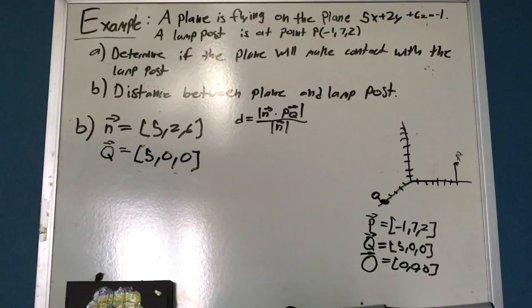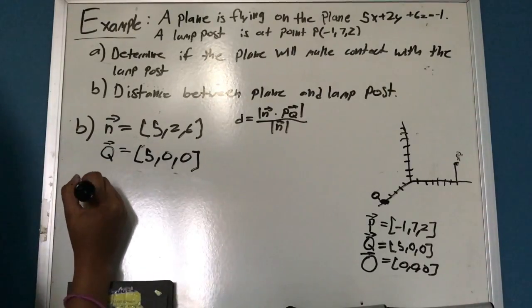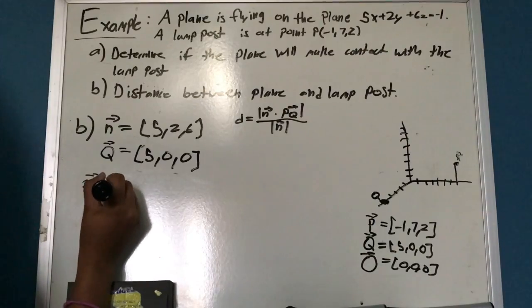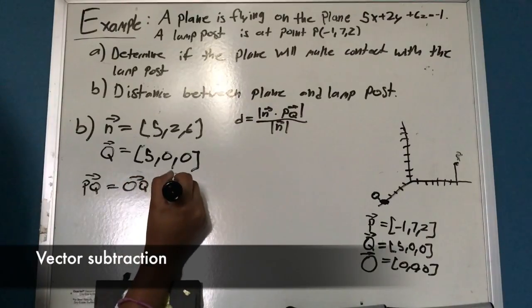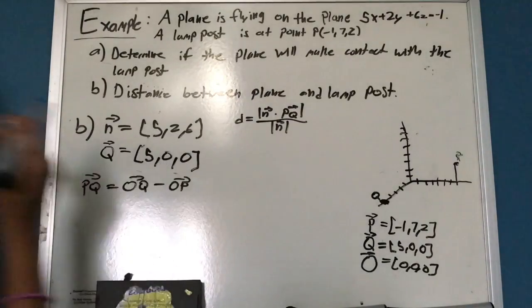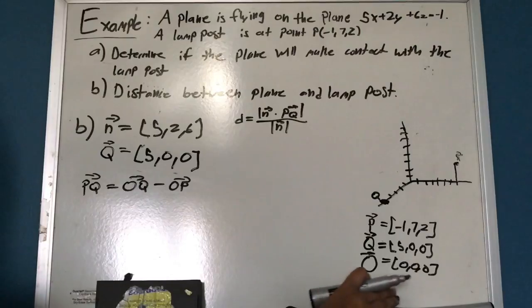Now that we have point Q, we can find the projection of vector PQ onto the normal vector, which gives us the distance that we want. So to find vector PQ, we can do vector OQ subtract vector OP, assuming that point O is 0, 0, 0.